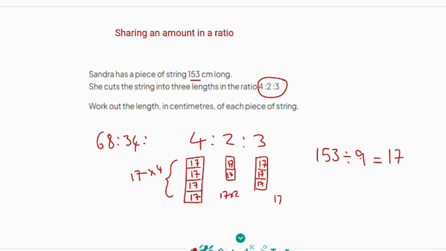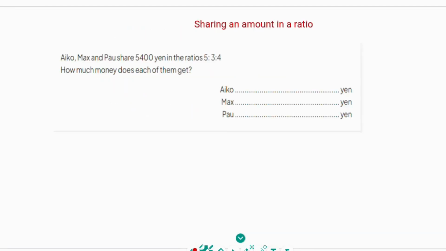And 17 times 3, 51. So here is the answer, 68 to 34 to 51. Next question, maybe have a go at this one yourself. Similar type of question. Have a go, put me on pause, unpause to see if you've got it correct.